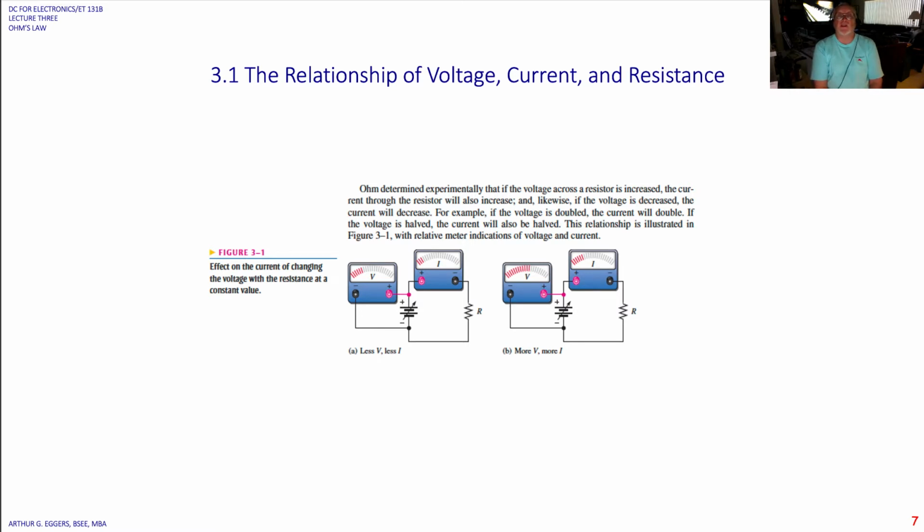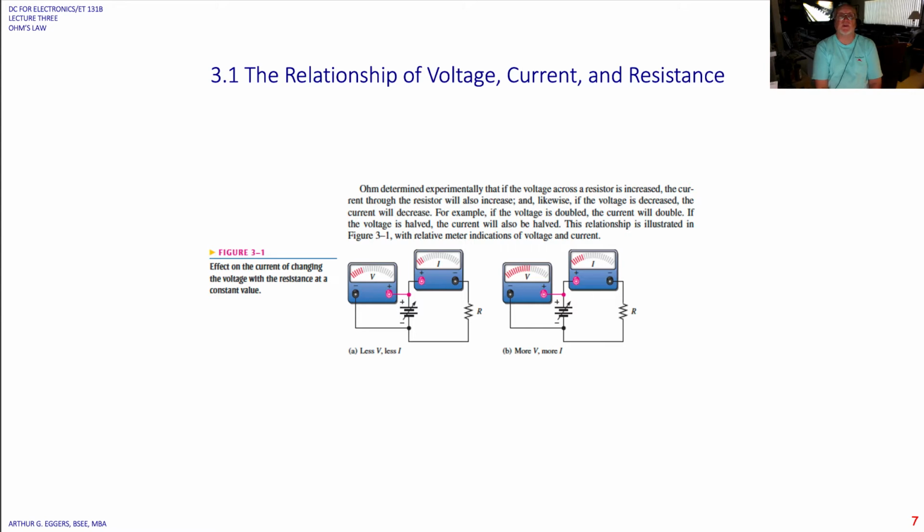Ohm determined experimentally that if the voltage across a resistor is increased, the current through the resistor will also increase. And likewise, if the voltage is decreased, the current will decrease. For example, if the voltage is doubled, the current will double. If the voltage is halved, the current will also be halved.